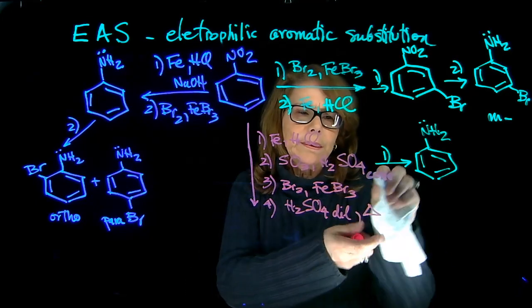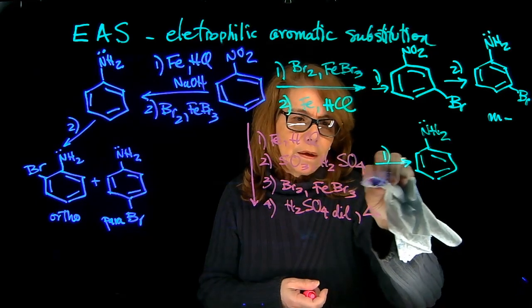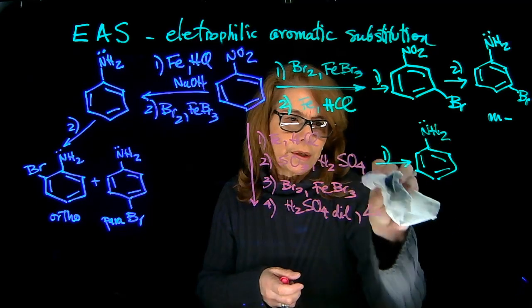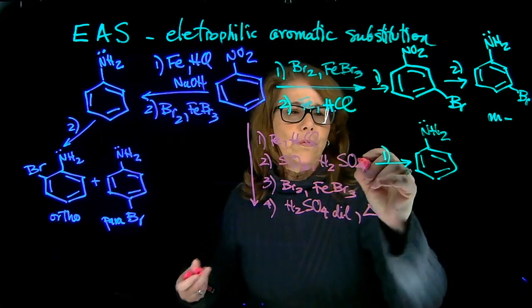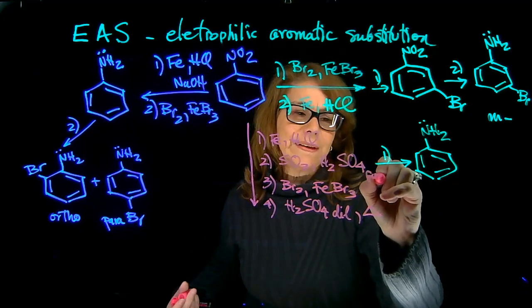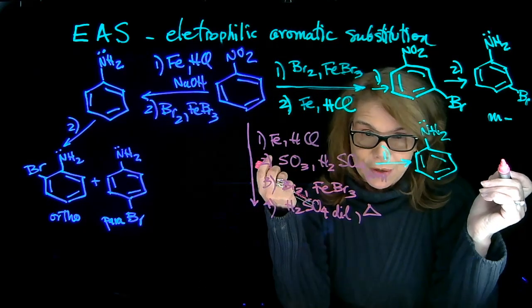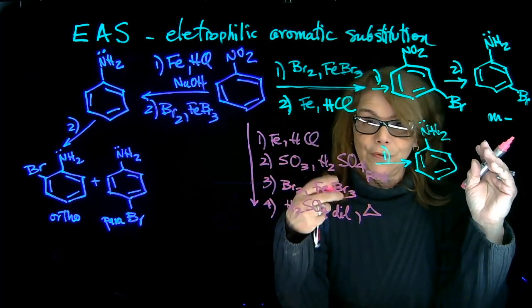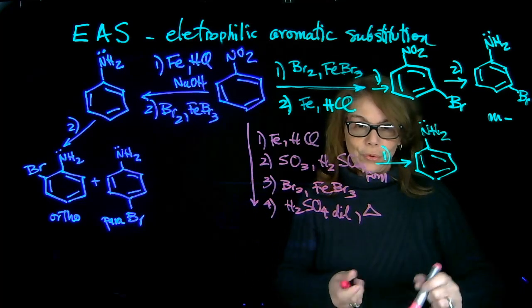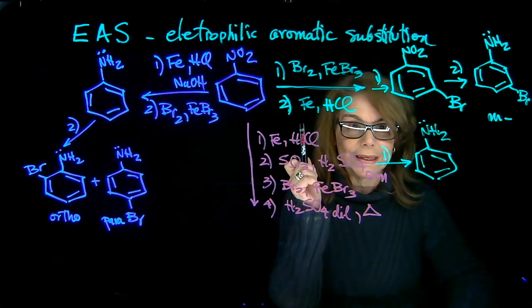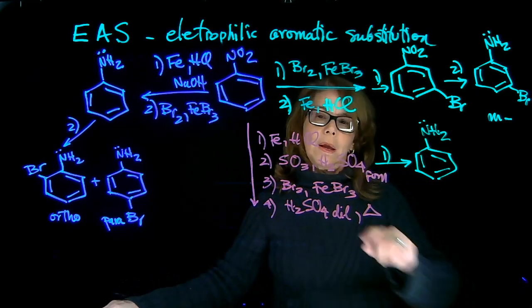Fuming means it's concentrated and saturated with SO3 gas. So in a problem you can say just H2SO4 fuming, and that means it has SO3, and that's your electrophile. So you're installing a sulfonic acid group in reaction 2.